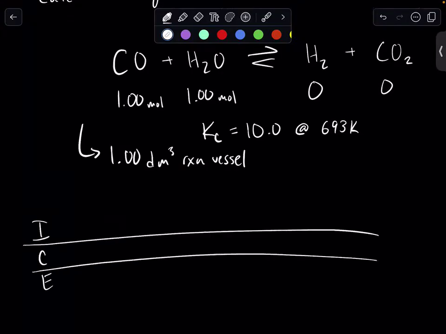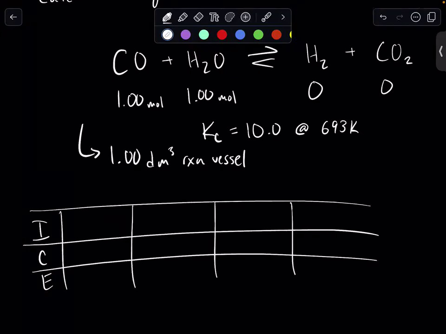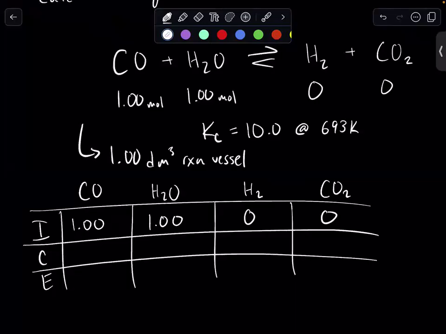So once again, we are only going to use concentration values here. And we have carbon monoxide, water, hydrogen gas, and carbon dioxide. We're starting with 1 divided by 1, which is 1.00. Again, 1.00. Starting with 0, starting with 0.